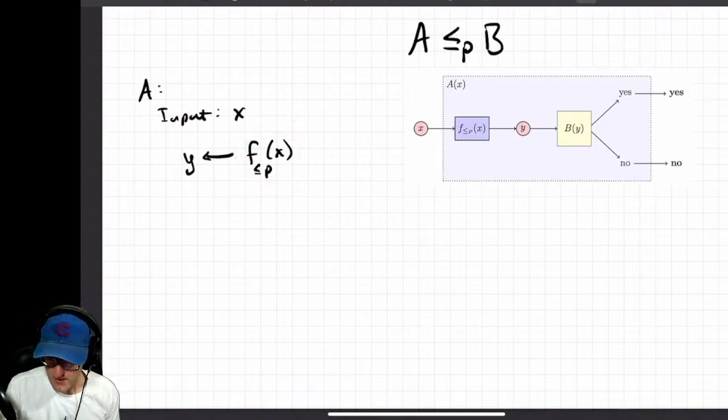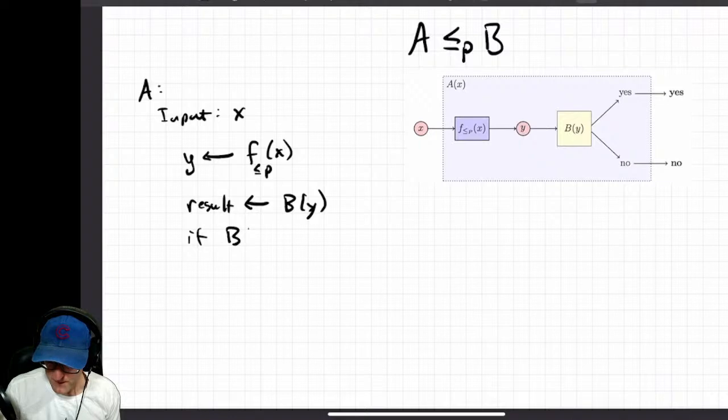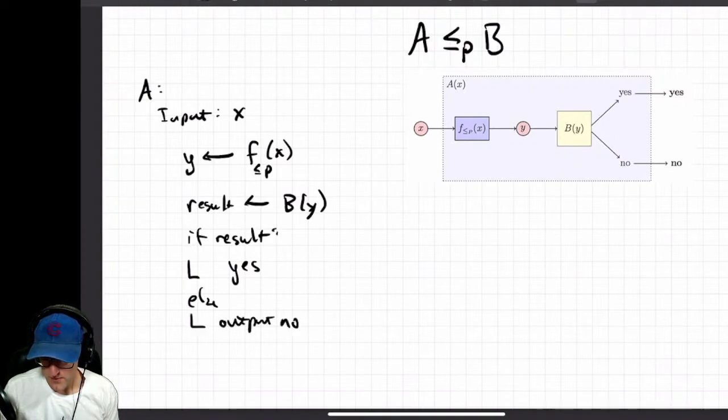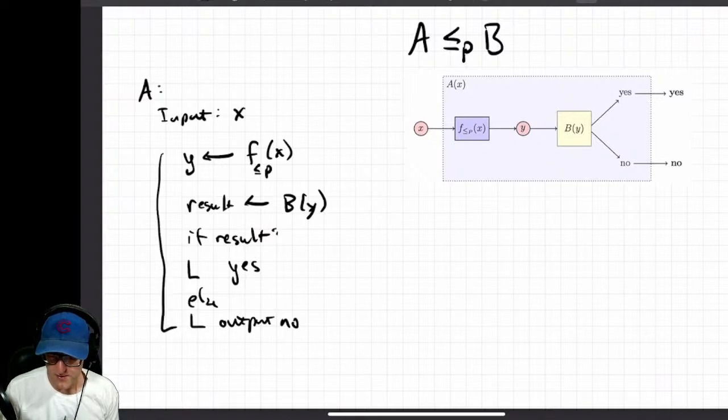And then I've got Y now. What I'll do is I'll put in a result by calling B on Y. And then I will simply say that if result, then output yes. Halt and accept, right? Else, output no, right? I could simplify that greatly, of course.